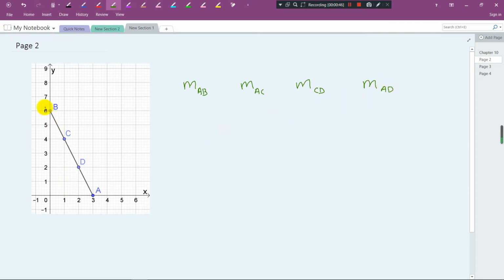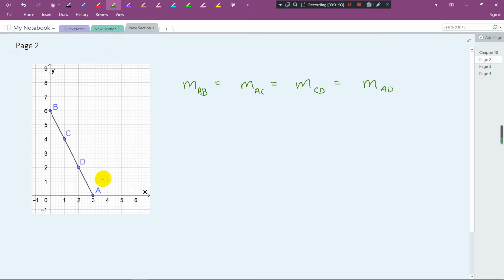Since all the points here lie on the same straight line, their gradient will be the same. So I think I showed you right in the video for part 1.